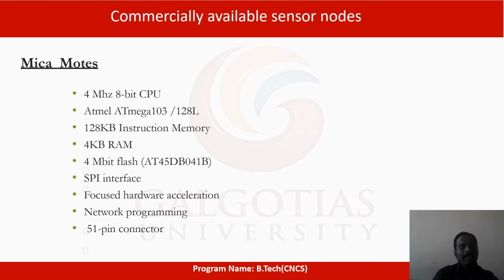It runs on AA batteries and has a small form factor. Mica is used with wireless communication for light, temperature, acceleration, etc. The applications for Mica motes are security, surveillance, force protection, environmental monitoring and wireless sensor networks.